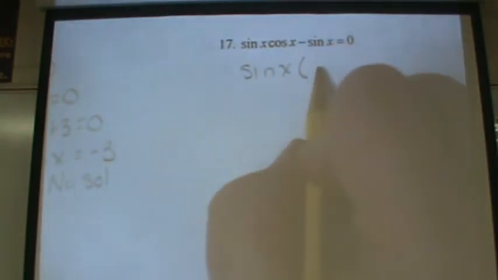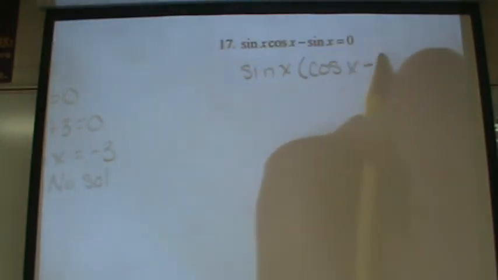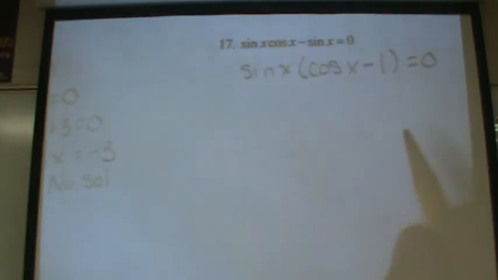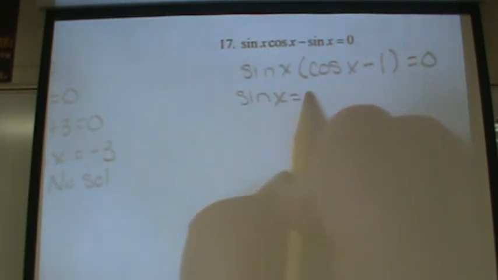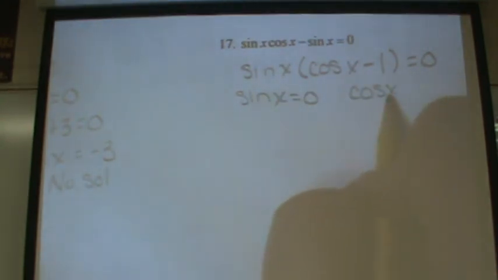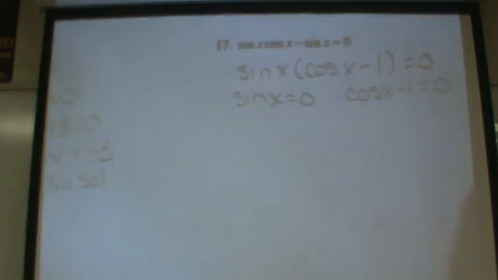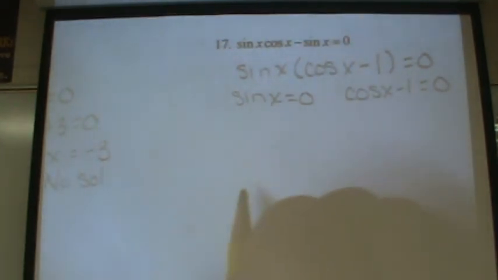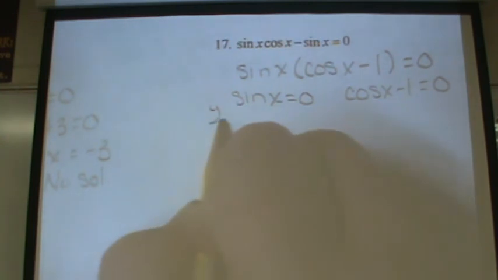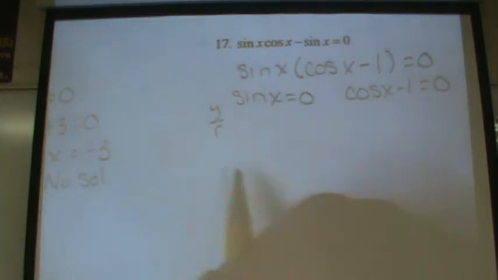Number 17. We're going to factor out that sine x. So we have sine x times cosine x minus 1, and that equals 0. Set each part equal to 0, so we have sine x equals 0, cosine x minus 1 equals 0. Sine x equals 0 goes back to our y over r definition, so we're looking for where y equals 0.